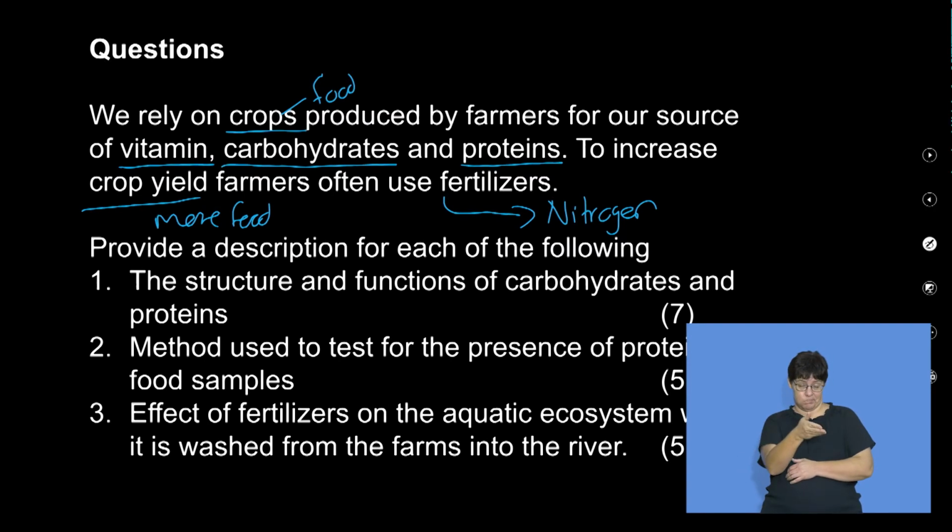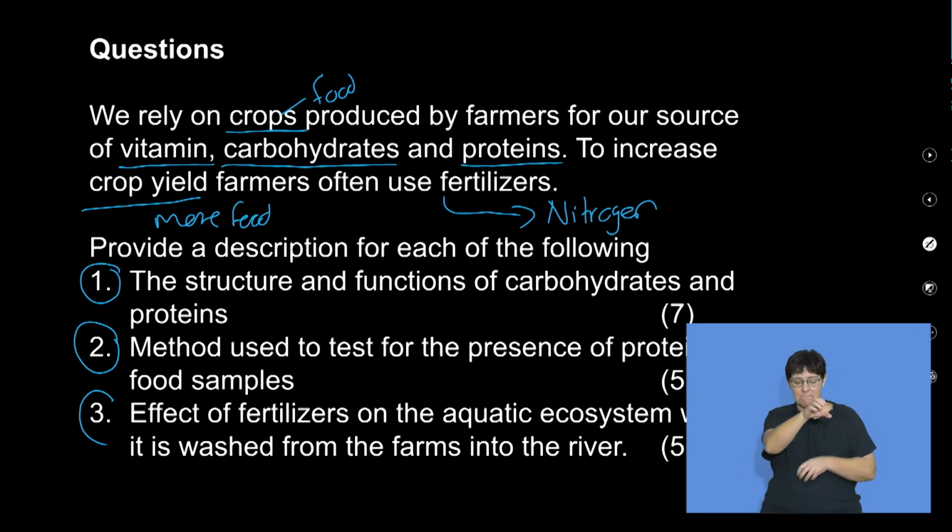Now they set it out nicely. Provide a description for each of the following. Each of these points, we're going to see how I break it down. I would suggest you make it a paragraph, so answer each of the questions one by one.